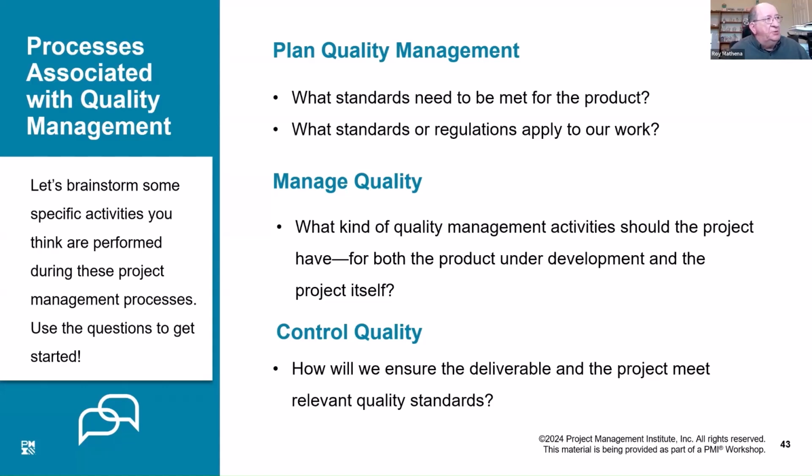That's plan quality management. When we manage quality, we are talking about the processes. It has nothing to do with the deliverable. We know that if we improve the processes, we will improve the deliverable, but that's not the point of manage quality. This is where you would implement the continuous improvement plan.